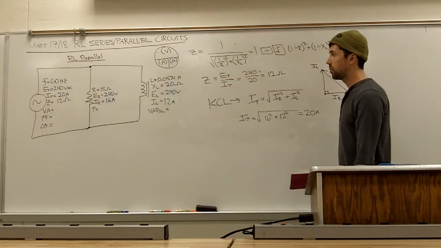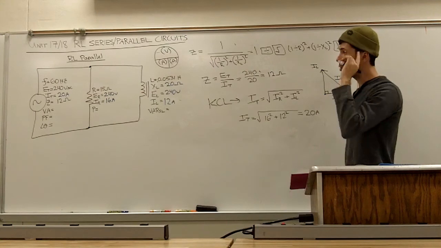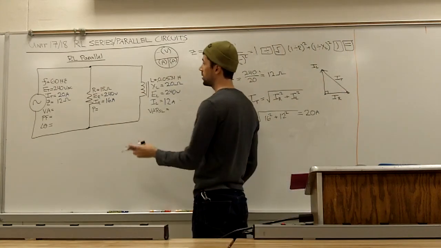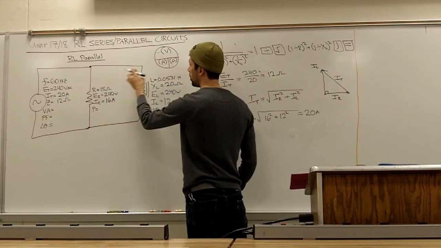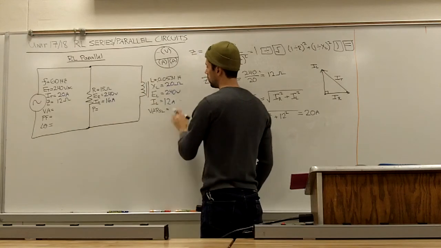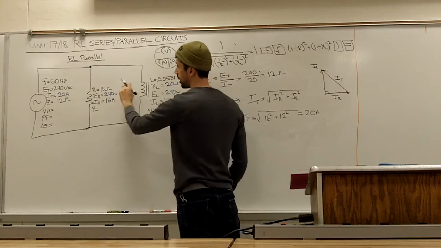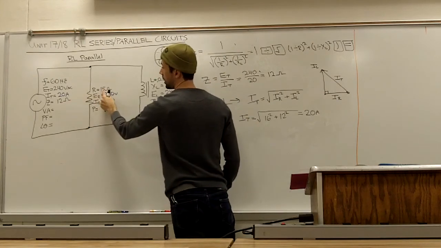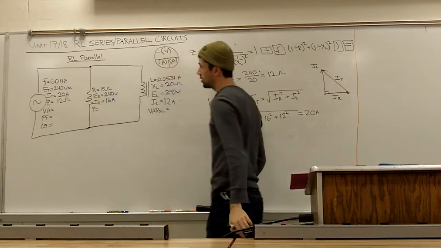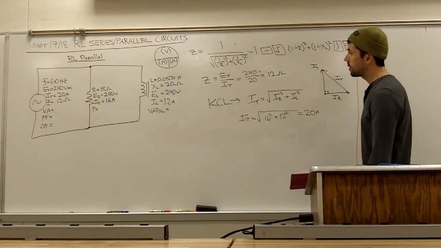And we also notice, remember, in a parallel circuit, the total ohmic value of the circuit should be less than the ohmic value of each individual component. The lowest ohmic value that we have is 15 ohms on the resistor. So we know that our total ohmic value of our circuit should be less than 15 ohms, which of course it is. That is a way of checking that we did this correctly.